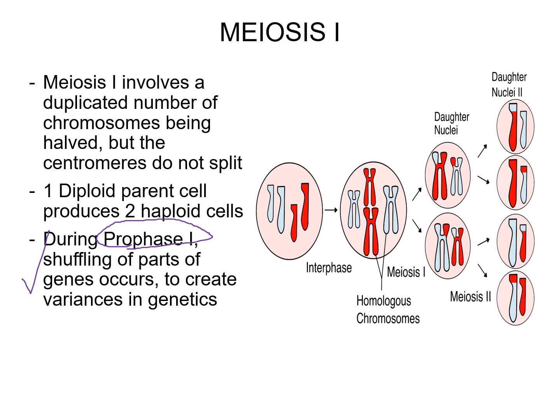So we kind of get this movement of the chromosomes or of the genetic material, and they call that crossing over. So what happens is, if you take a look at the end product, we're going to get variability in these 4 cells. They are not going to be identical.